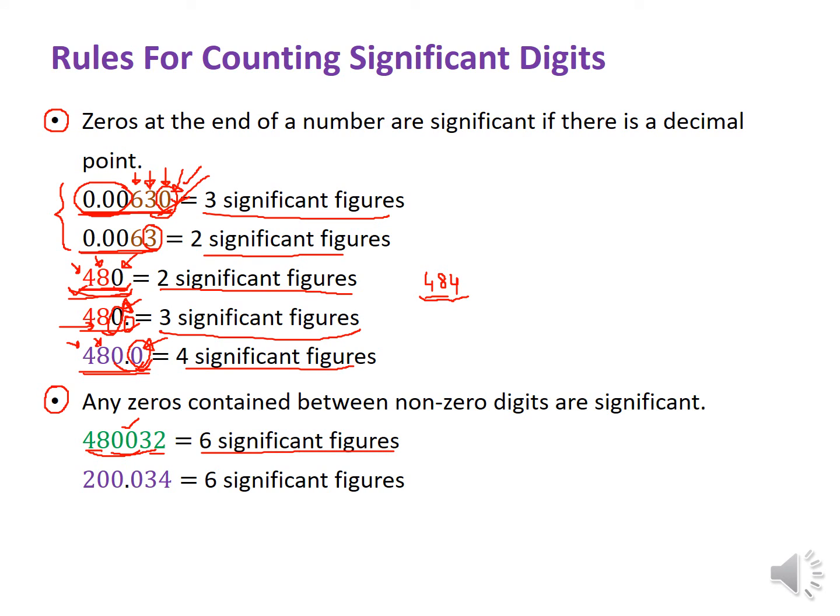In the last example we have the number 200.034, and here these 3 zeros are contained between the non-zero digits, and hence these 3 zeros are also significant, and for this reason in the number 200.034 we have 6 significant figures.